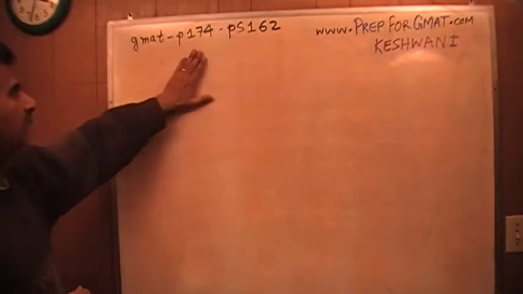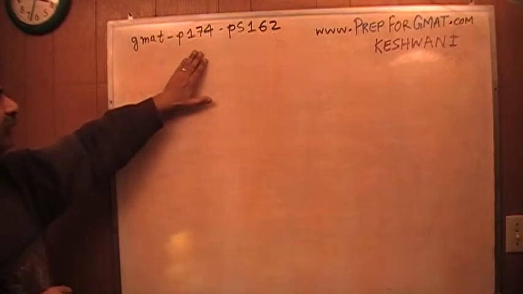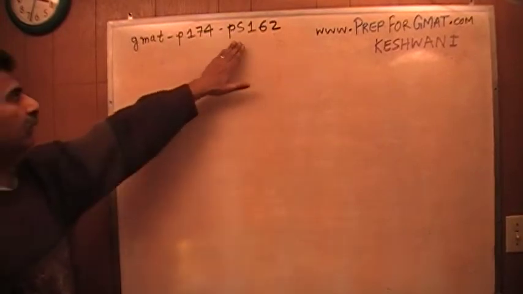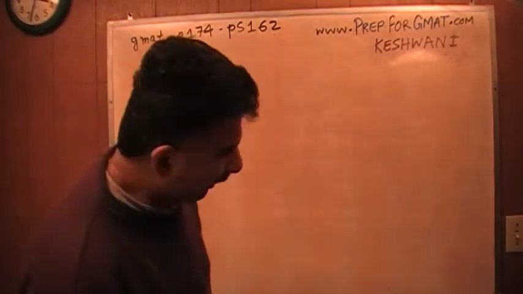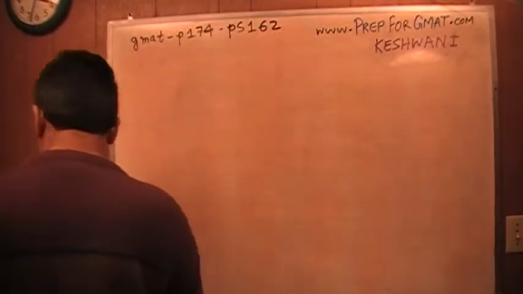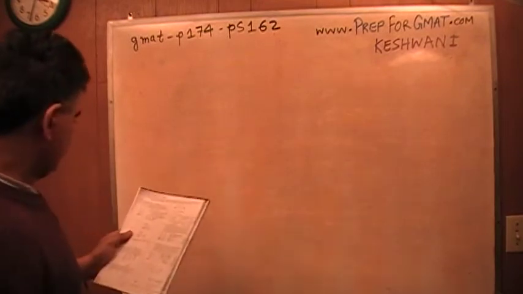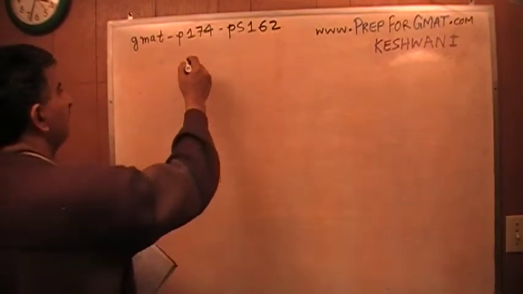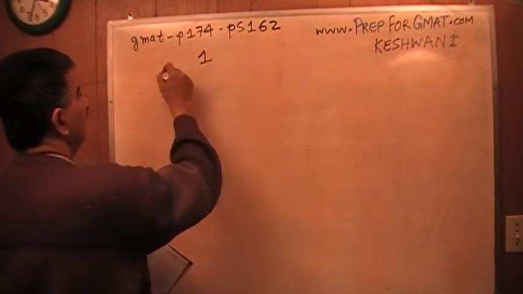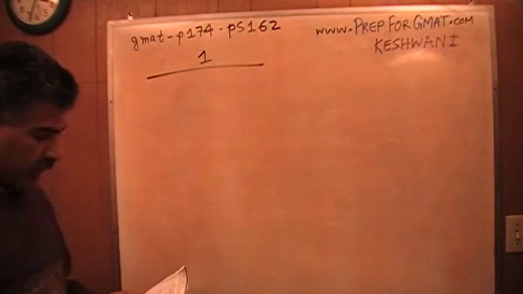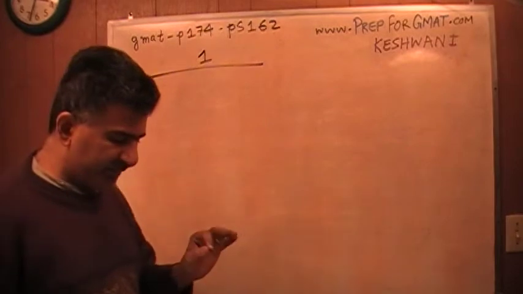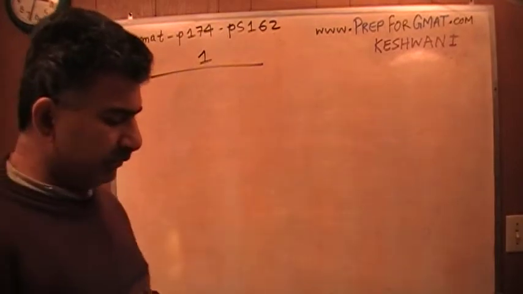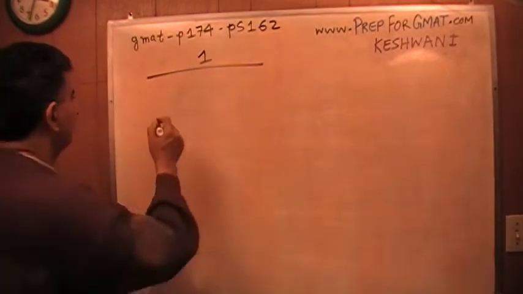Anyway, the problem that I'm about to solve is the one that you will find on page number 174, problem solving, number 162. Let's take a look at it. At first, this problem may seem very daunting, very overwhelming, but it's not. We'll chop it up, we'll take it piece by piece, and we'll get where we need to go in a few minutes.